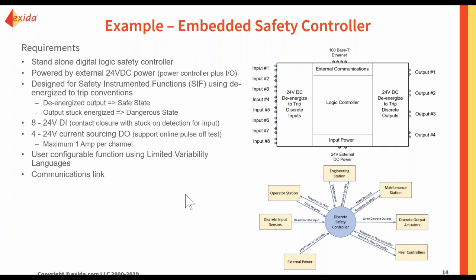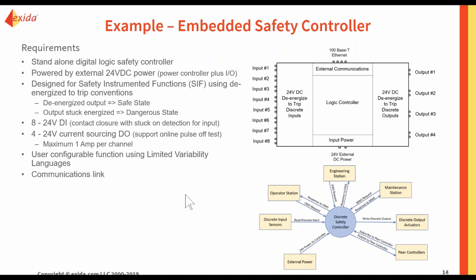There are 8 24-volt discrete inputs, digital inputs, that are intended for a contact closure. And we do have a requirement here for stuck-on detection for these inputs. There are 4 24-volt current sourcing digital outputs, discrete outputs, and they must support online pulse-off testing to make sure that many of the components in the output circuitry are still working properly. And there is a specification for 1 amp per channel current sourcing capability.